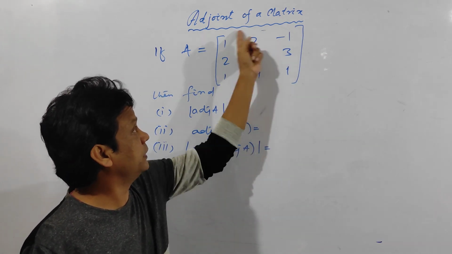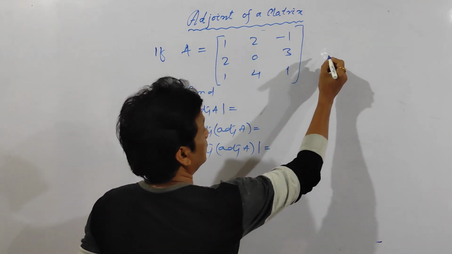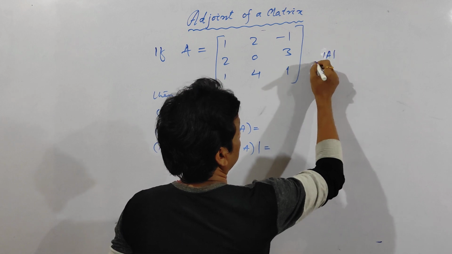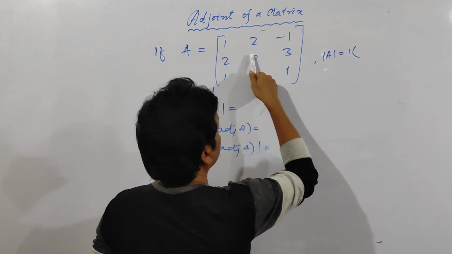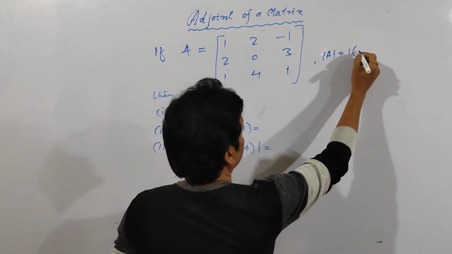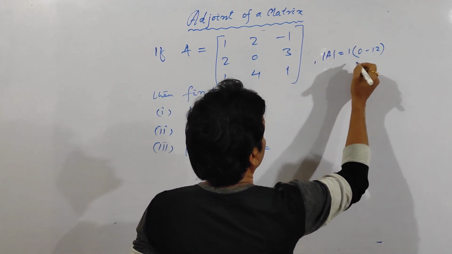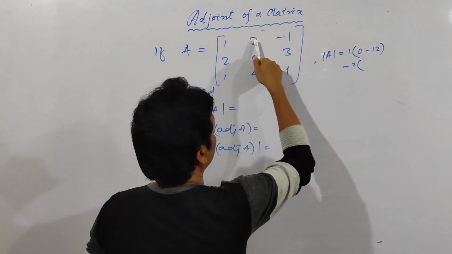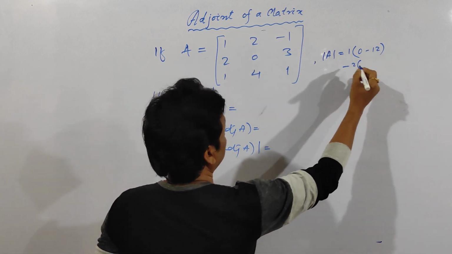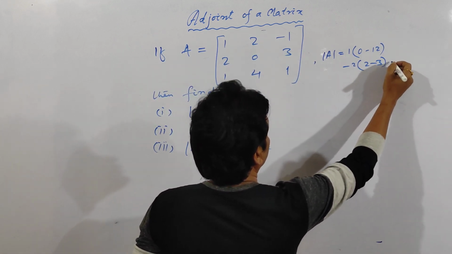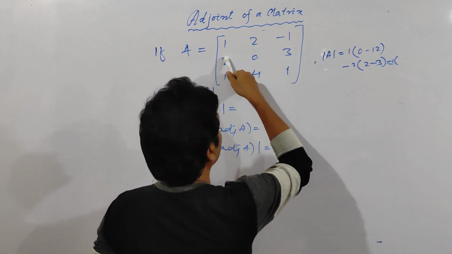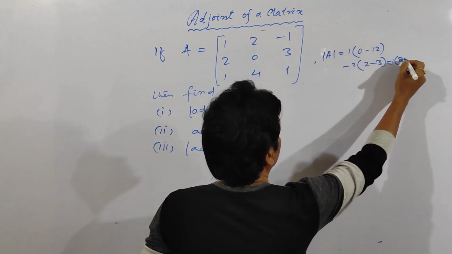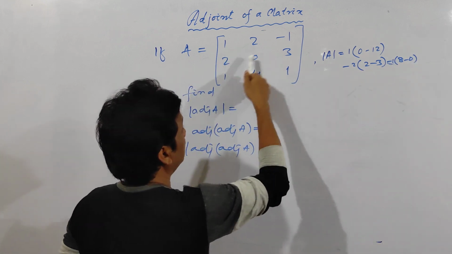First of all, find out the determinant of this one. What is the determinant? Determinant of A is equal to 1 into (0 minus 12), minus 2 into (2 minus 3), plus (minus 1) into (4 minus 0).